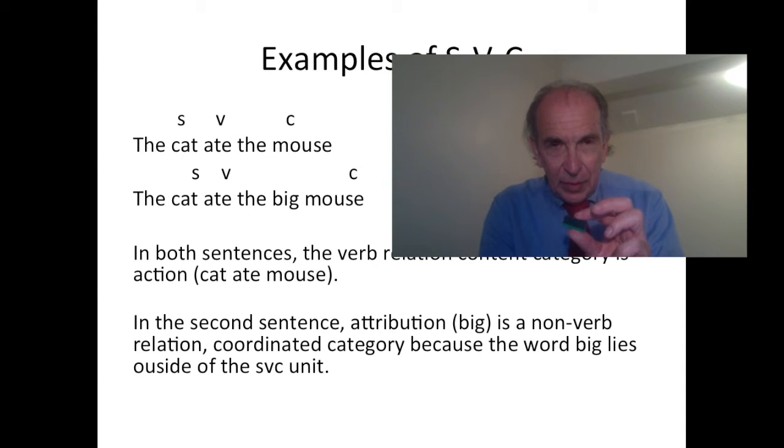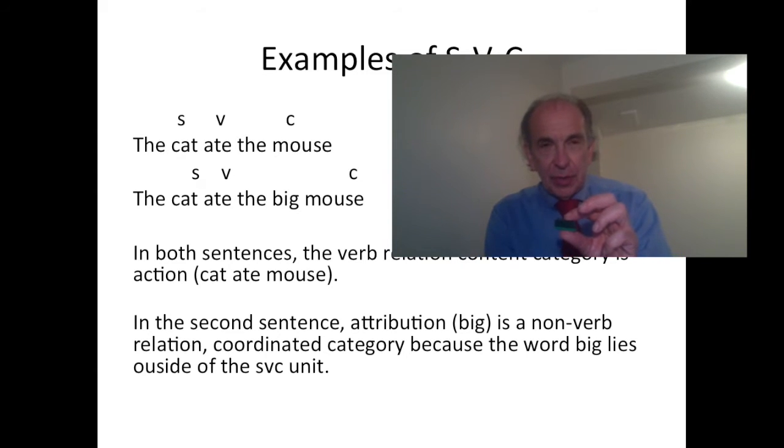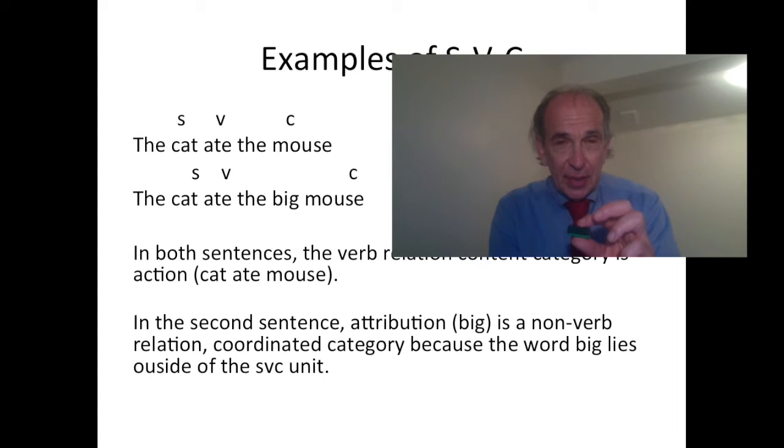That syntactic unit represents a semantic relationship that Leahy refers to and Lois Bloom referred to as a content category. That is the verb relation content category. And in this case, cat ate mouse represents an action. That is the verb relation content category.